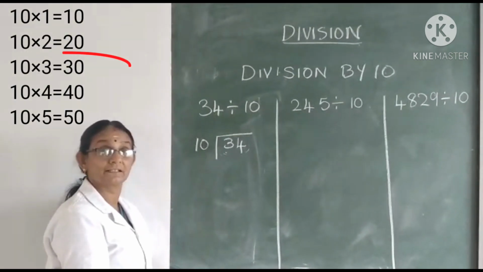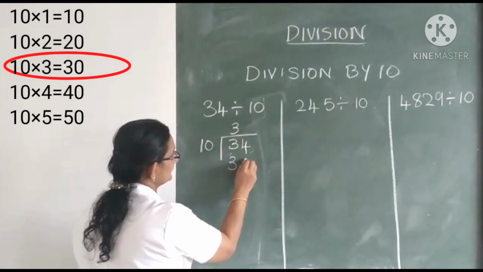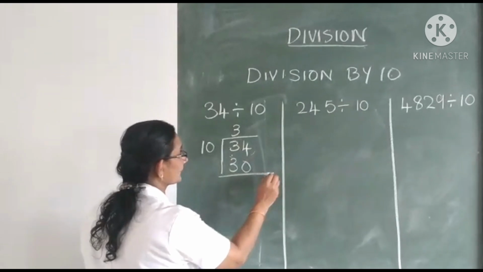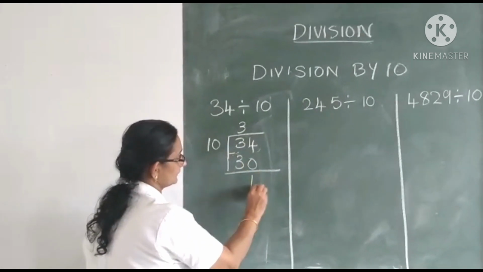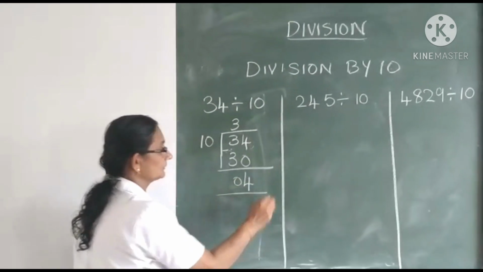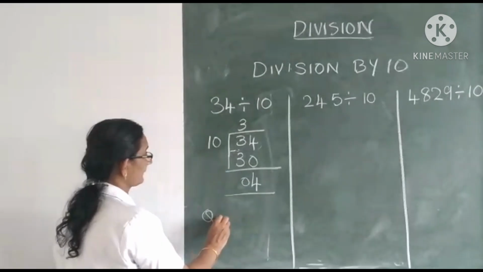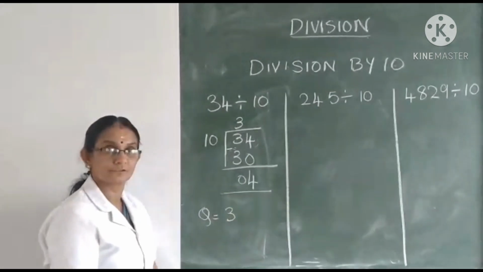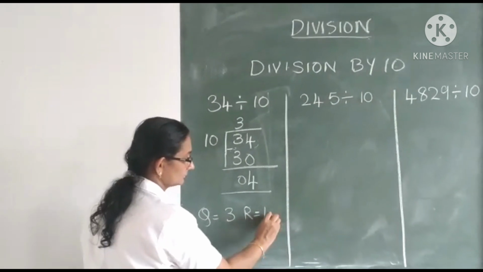Yes, 10 3s are 30, isn't it? So 10 3s are 30. Now subtract it. Yes. So that's it. What is the quotient here? 3. And what is the remainder here? 4.